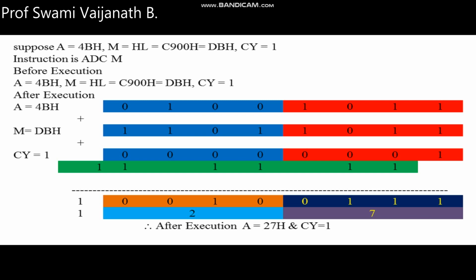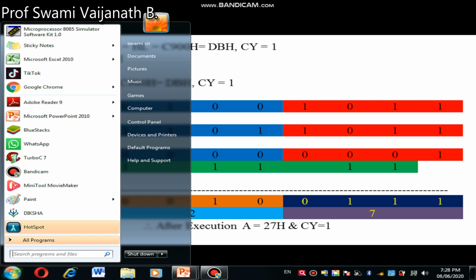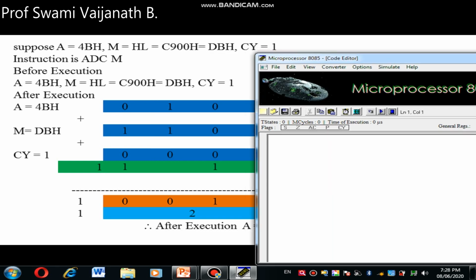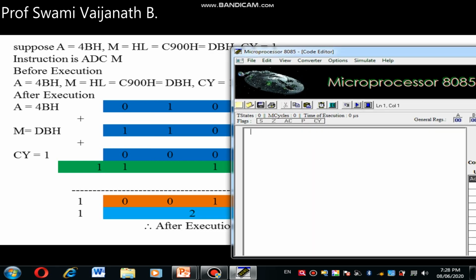Then practically I can execute here. What is the content of A? Content of A is 4BH. HL is initialized with LXI H, C900H, and here data is loaded with MVI.